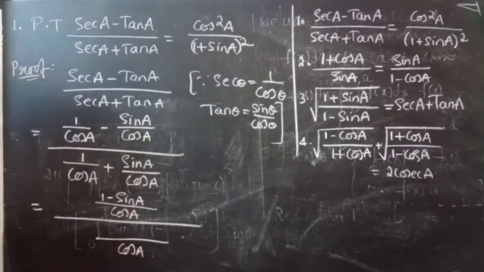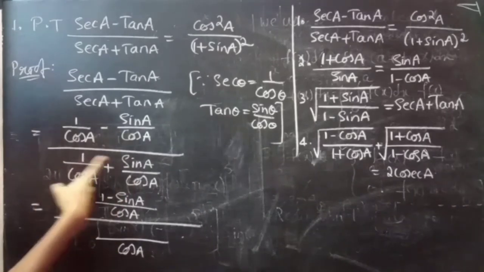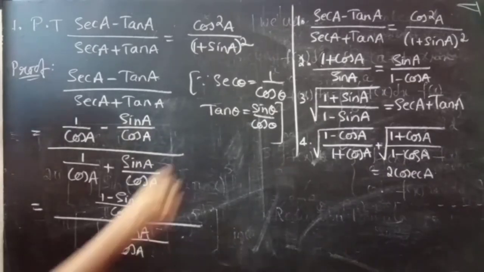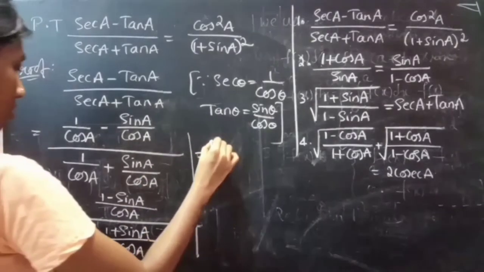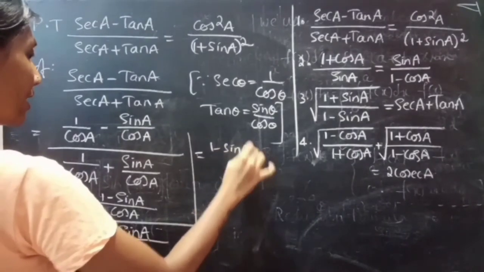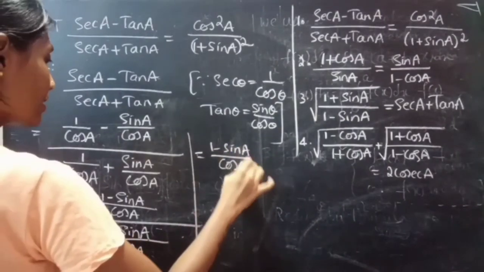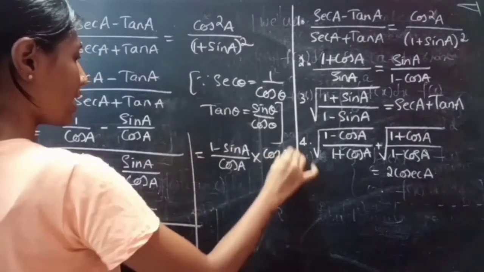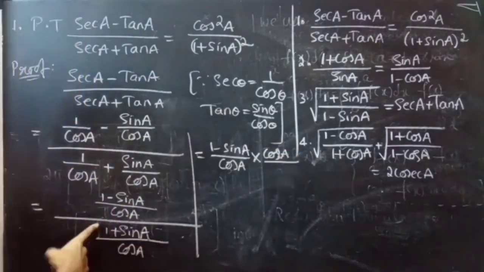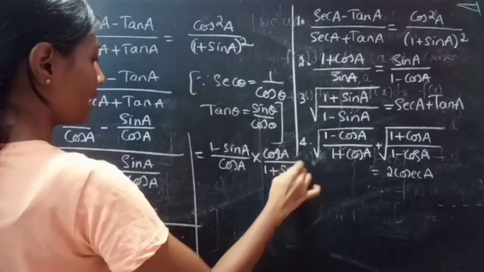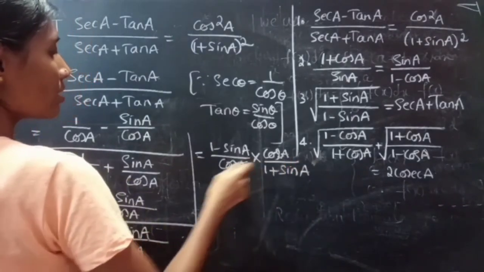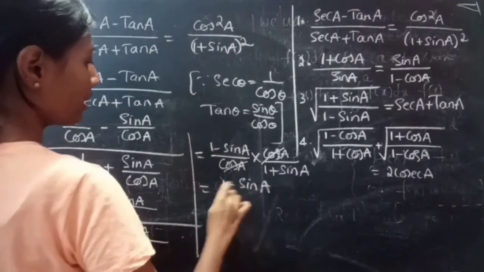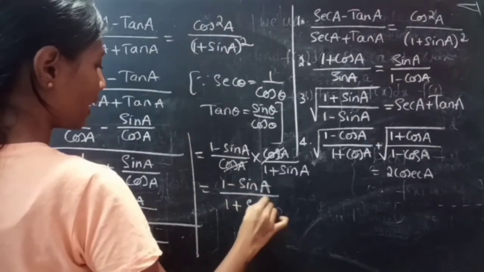In the denominator, cos A is your LCM, and in the numerator you'll get 1 plus sin A, which is equal to 1 minus sin A by cos A into, you can write this as, cos A divided by 1 plus sin A. Cos A and cos A get cancelled. So this equals 1 minus sin A by 1 plus sin A.